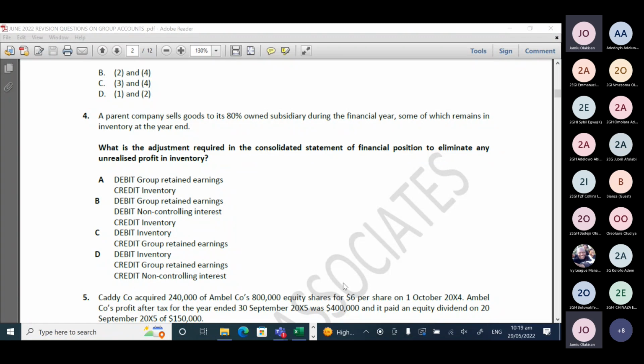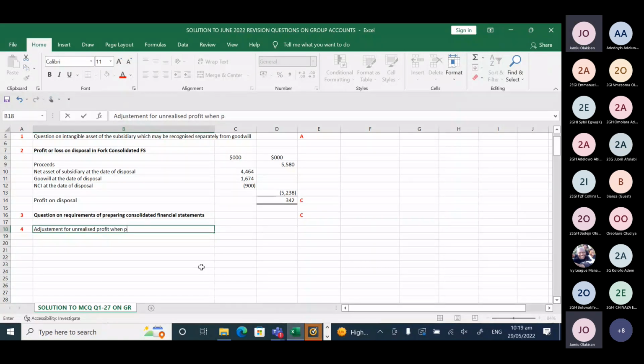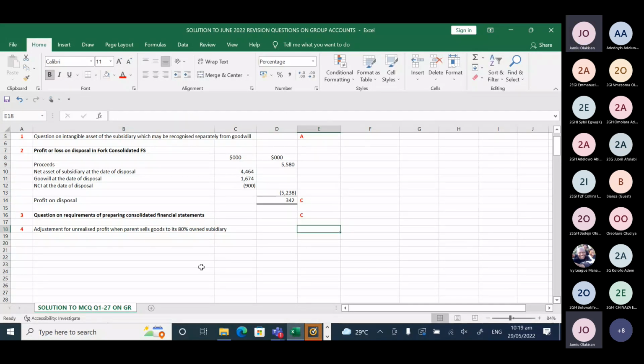So the correct answer is A. That is what we've always done, right? Adjustments for unrealized profit when parent sells goods to its 80% owned subsidiary. So the correct answer is A, as agreed.